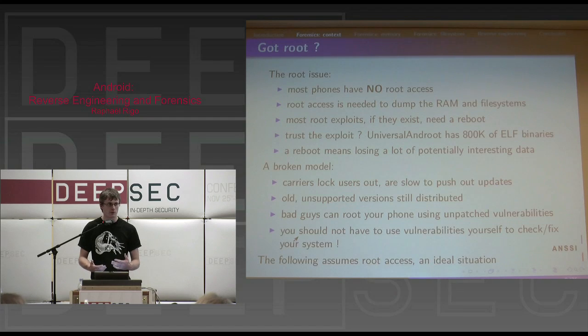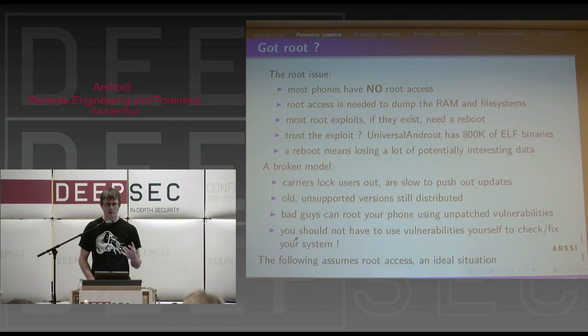When you buy a phone with Android, usually you get a carrier version of Android. They customize it for the carrier and everything. But you get no root access, so you cannot choose to install your own Android distribution. And since they don't push out updates, usually you are vulnerable to any attack that has been published.